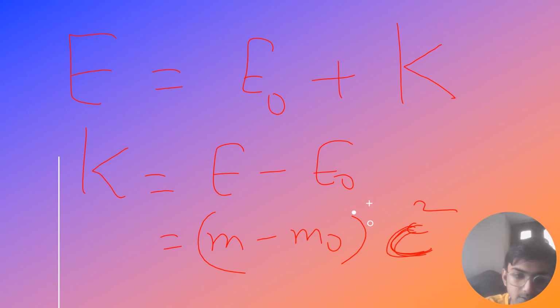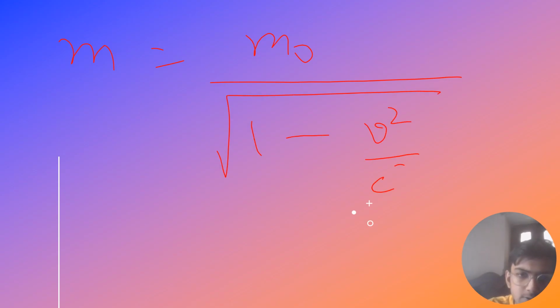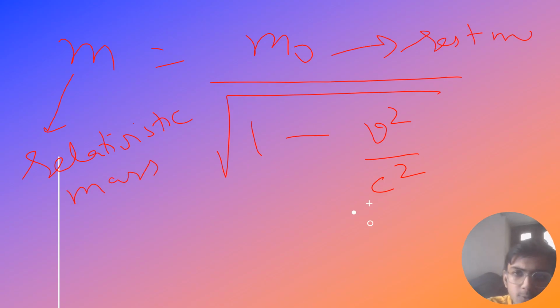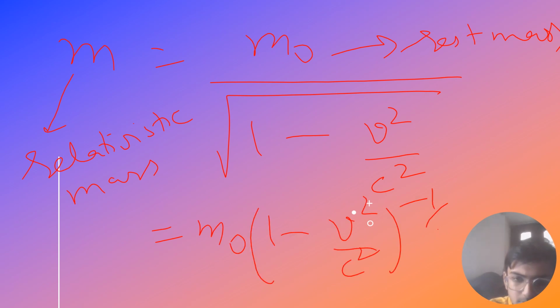Right, now let's discuss what actually this m naught and m are. Similarly we can write m equals m naught over square root of 1 minus v square by c square. This m is called relativistic mass, and this m naught is called rest mass. Now we can write this as 1 minus v square by c square to the power minus 1 by 2.